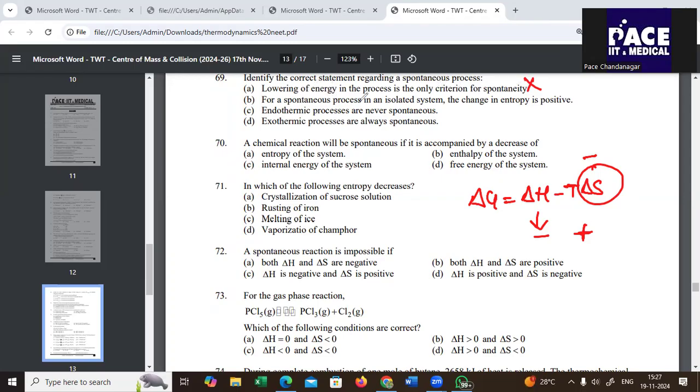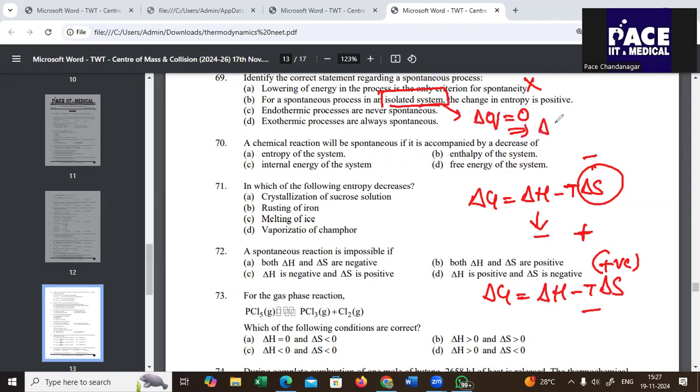Next, for a spontaneous process in an isolated system, change in entropy is positive. Spontaneous process, isolated system, change in entropy positive. Imagine this is positive. Delta G is equal to delta H minus T delta S. Change in entropy positive, plus of minus is minus. And for an isolated system, change in Q is zero, which implies delta H is also zero, the heat content change is zero.